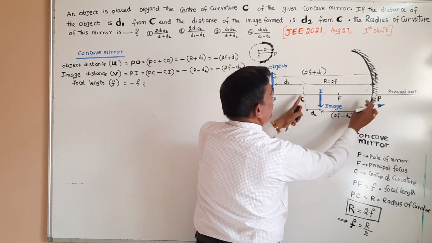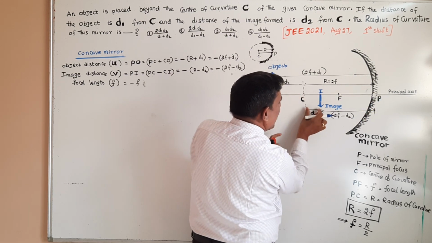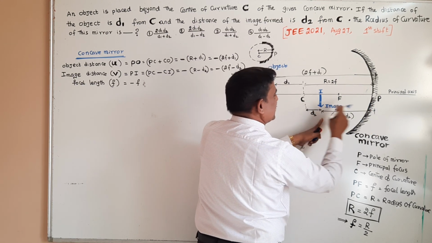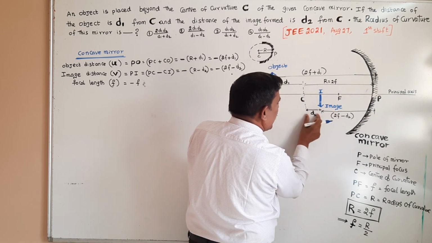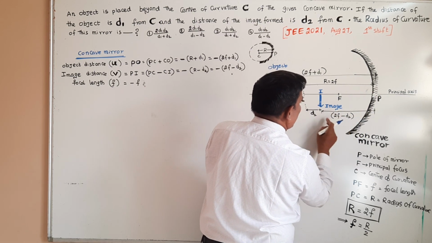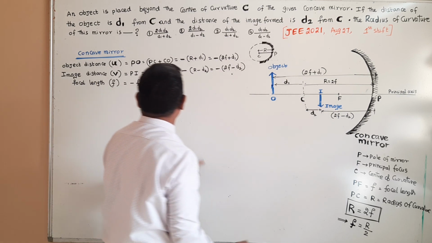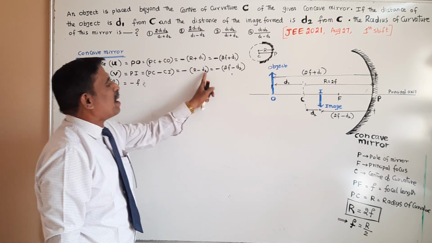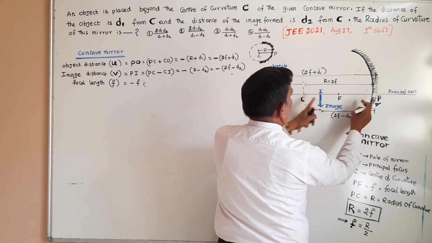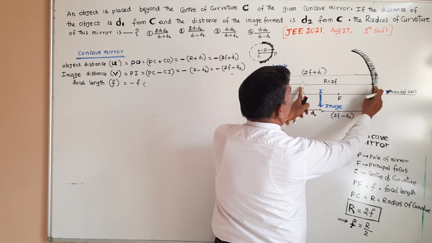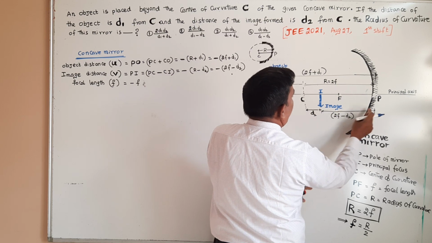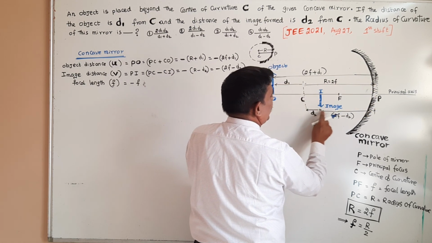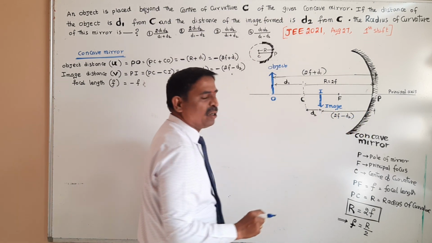Image distance is r minus d2, and r is nothing but 2f, so it is 2f minus d2.